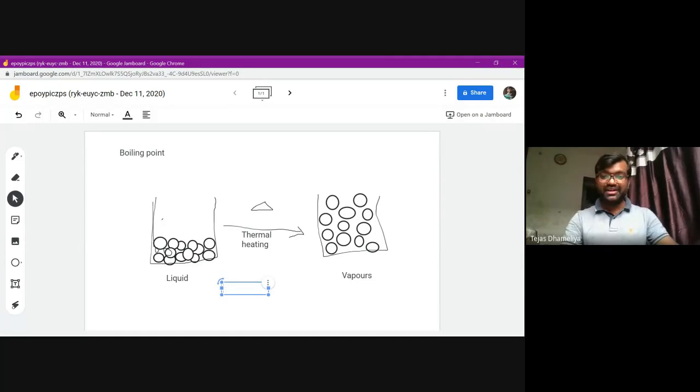There are so many other solvents having different boiling points. Let us say ethanol has a boiling point of 78 degrees Celsius, then methanol about 50 degrees Celsius, and dichloroethane around 30 degrees Celsius.